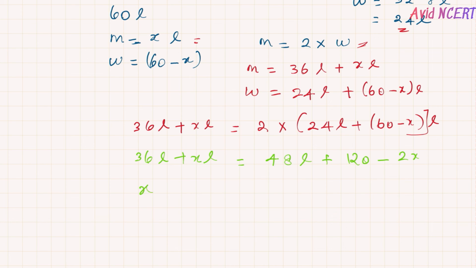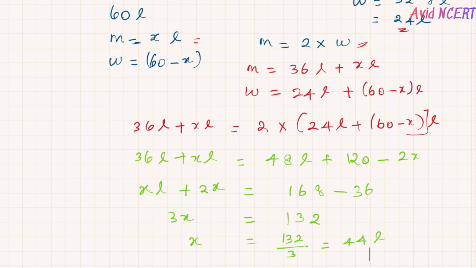So X on this side, and this 2X comes to this side, becomes plus, and this side is 48 plus 120, which is 168, and this 36 goes to the other side and becomes minus 36. So here it is 3X equals 168 minus 36, which is 132. So X equals 132 divided by 3, which is equal to 44 liters. So we almost got the answer.